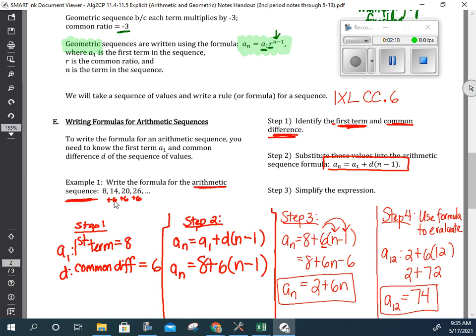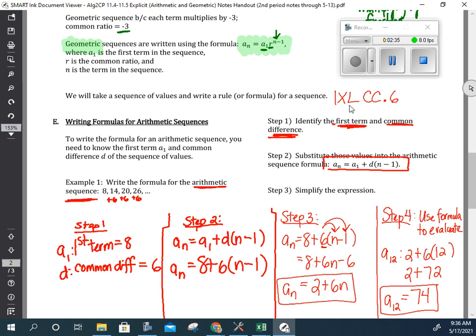What are they adding or subtracting by? Figure out the first term and the common difference. Substitute the values into the formula. Simplify the formula. And then use the formula to evaluate. Sometimes you will have to do that, sometimes you won't. It depends on the problem.